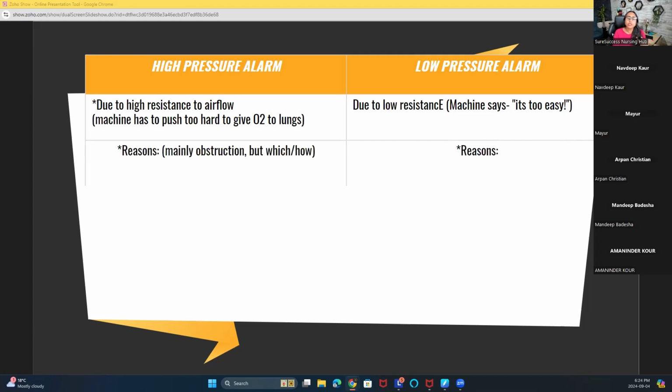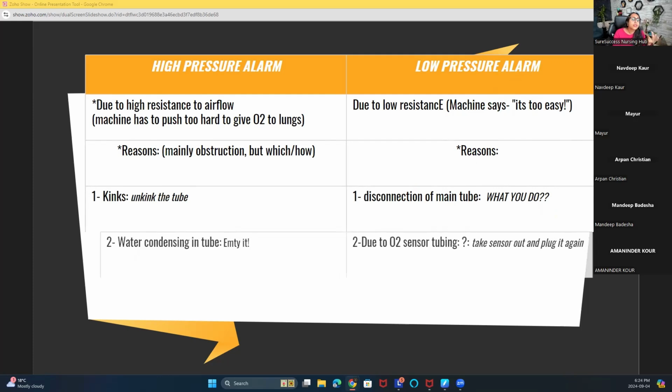So first of all, for low pressure and high pressure, don't put too much pressure on your brain. It is a very simple thing, as the name indicates. High pressure is mainly due to obstruction. Kink, so unkink the tube. The reason for low pressure is disconnection, and you will connect it back.